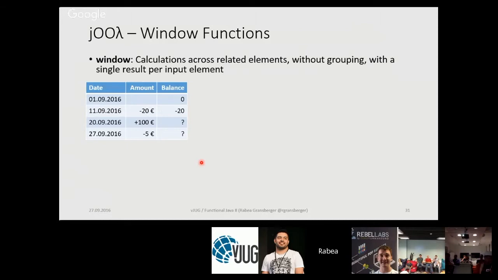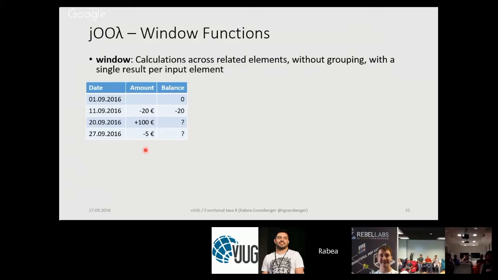And then jOOL also has something nice, which is called window functions, which we know from SQL. So what is a window function? A window function does calculations across related elements without grouping them and producing a single result per input element. So we have a nice example here.